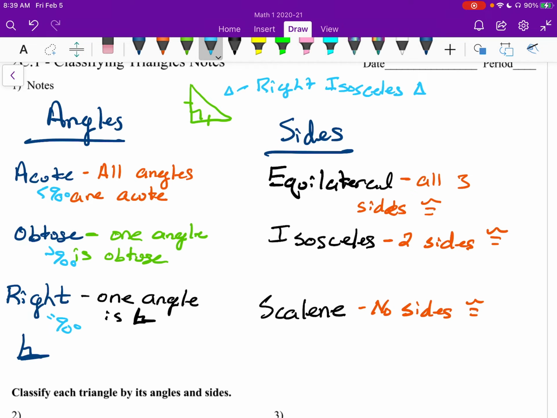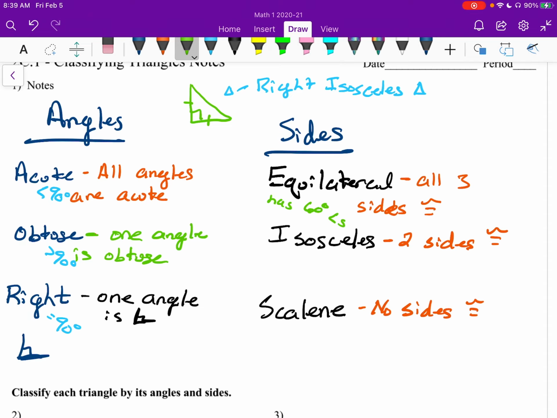All right, some neat factoids about this. An equilateral triangle has to be an acute triangle, right? An equilateral triangle has 60-degree angles. Isosceles triangles, two sides are congruent.